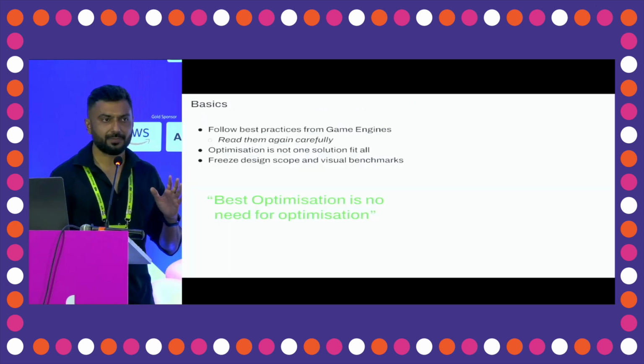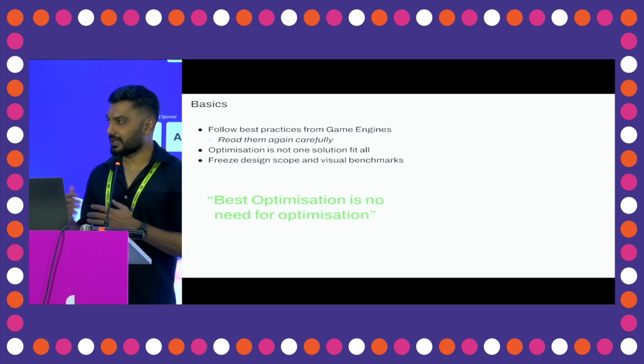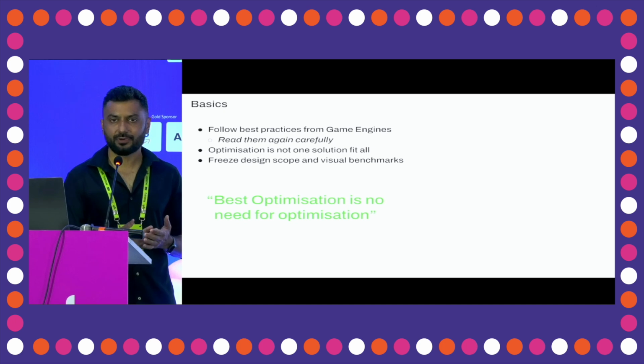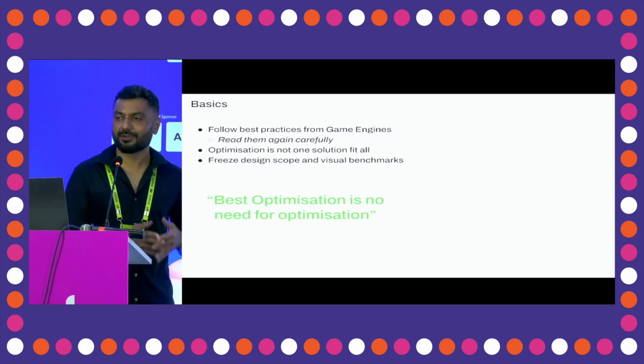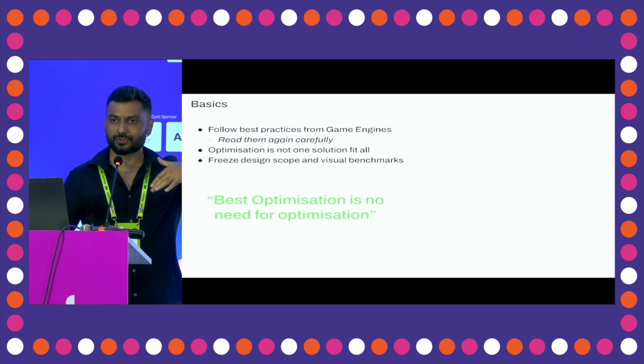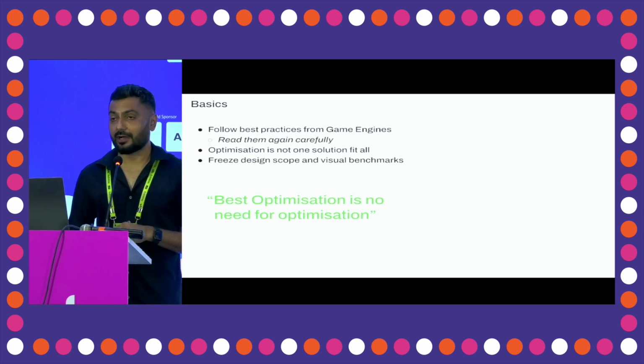First I'll cover the basics, but I'll move fast because these things are already available. Whenever you are in a phase of optimization, I would recommend reading the instructions and resources of your game engine carefully again, even though you might be aware of them. Once you go through the same resource again, you get a lot of ideas. If you have done it twice, do it thrice.